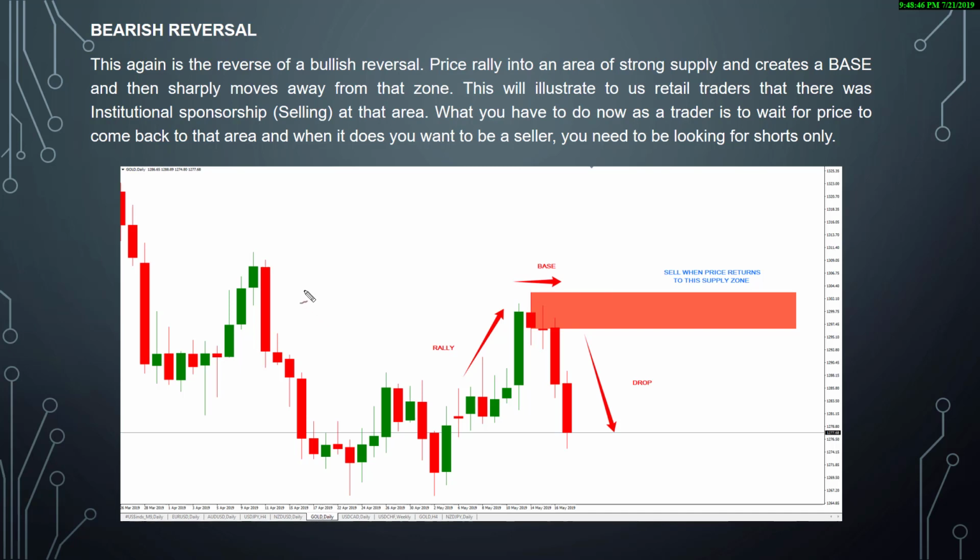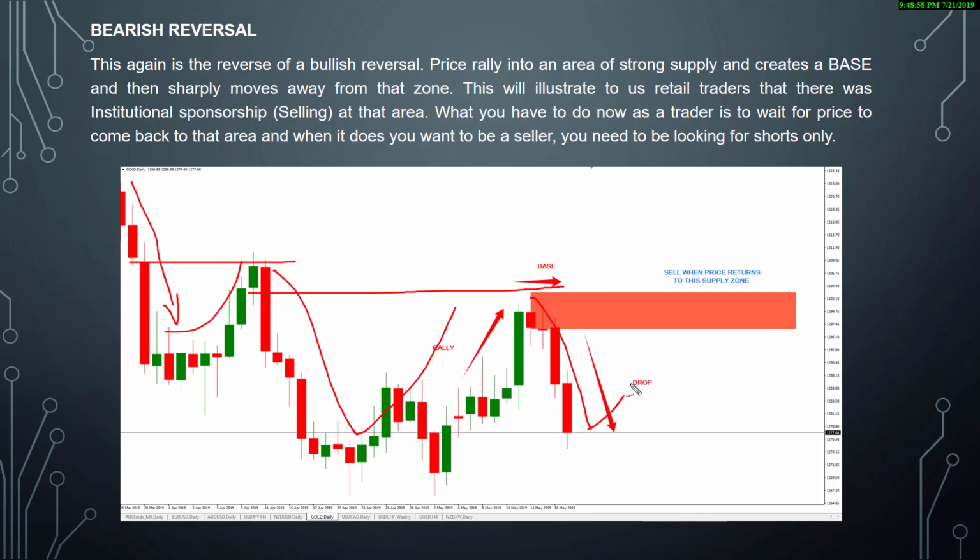For instance, in this case, you can clearly see gold is dropping, came back into this supply here, it drops, came back into this supply here, it drops. So when it comes back again into this supply area, then you need to start looking for bearish evidence to go to the downside.